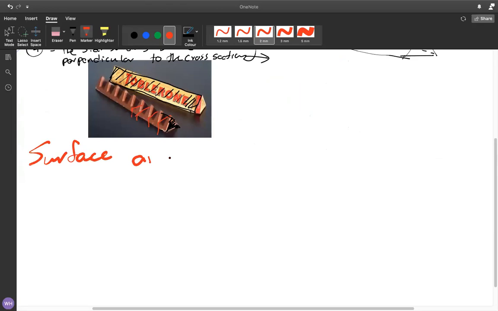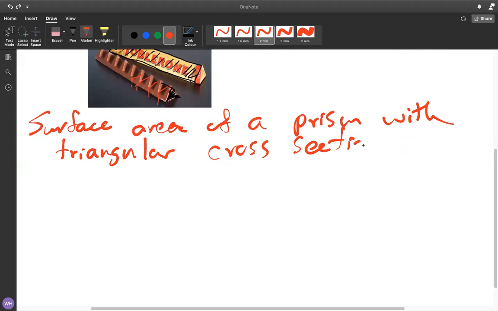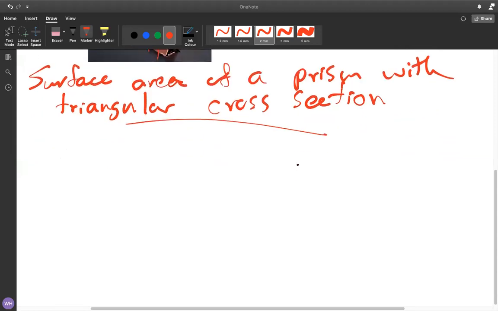Surface area of a prism with triangular cross section. It's cross section, not plural. Surface area of a prism with triangular cross section.